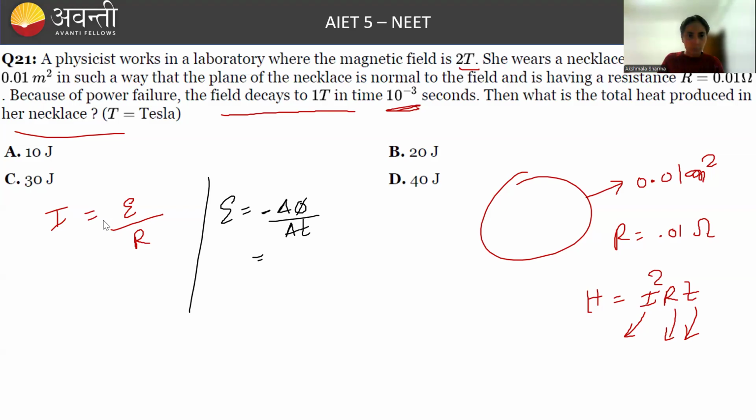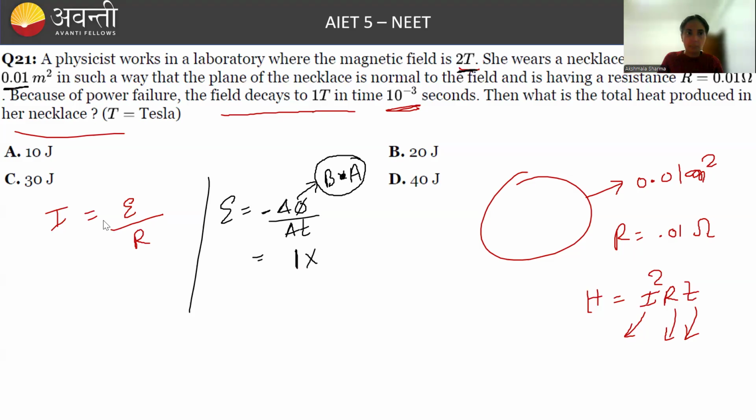Delta phi is how much? It is 1 minus 2, that is, magnitude-wise 1. Delta phi will be equal to B dot A, right, that is flux. So the initial flux will be 2 Tesla into area 0.01 meter square.